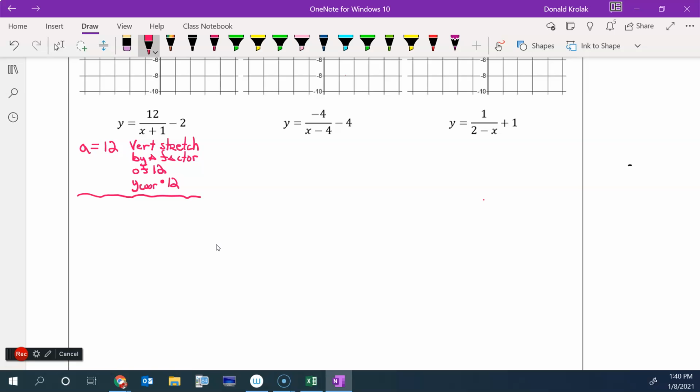All right, now I've got an h of, remember, this is bizarro world here. So I see a +1, but that tells me then the h value is really -1. So this is going to be a shift to the left, even though it says +1.